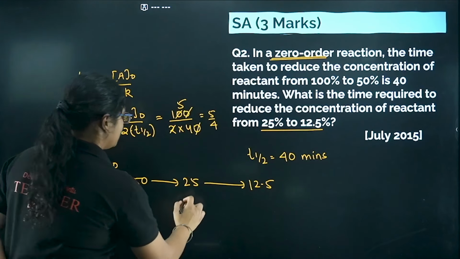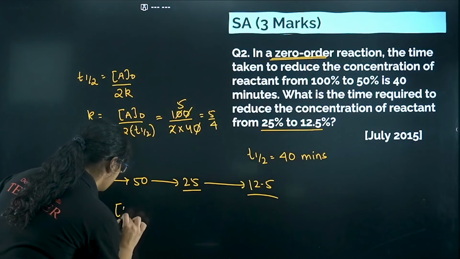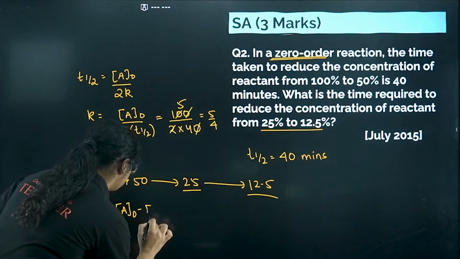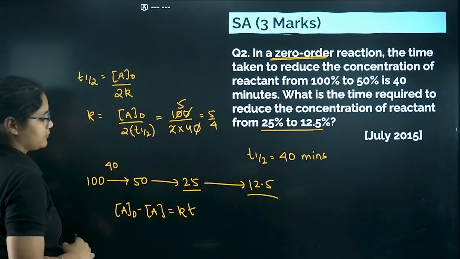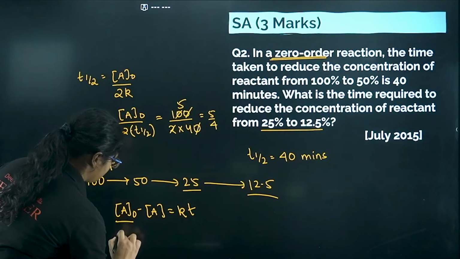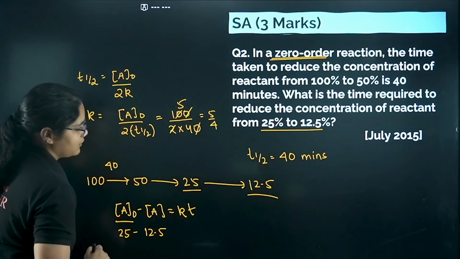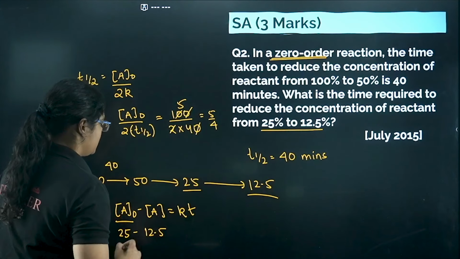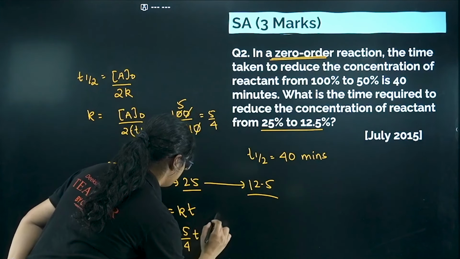Now from 25 to 12.5, what's the formula here? A naught minus A is equal to k into t. A naught value here is 25, A value is 12.5, k value is 5 by 4 and time I have to calculate.